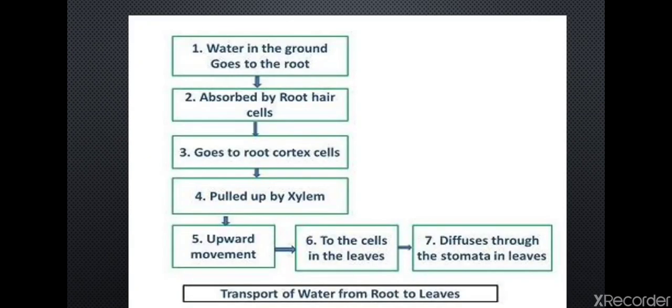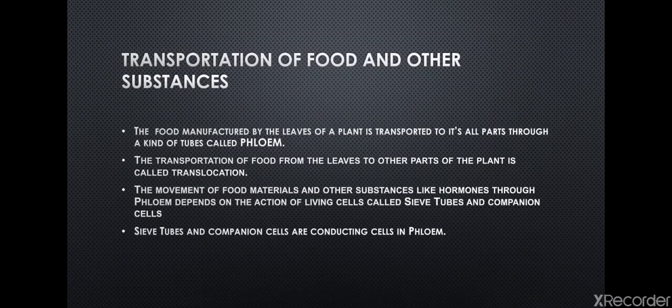Here you can also see with the help of this flow chart that firstly water in the ground goes to the roots, then is absorbed by the root hair cells, then goes to the root cortex cells, is pulled up by the xylem, then moves upward with the minerals to the cells of the leaves, then diffuses out through the stomata in the leaves. So this is a flow chart that shows the transport of water from roots to leaves.